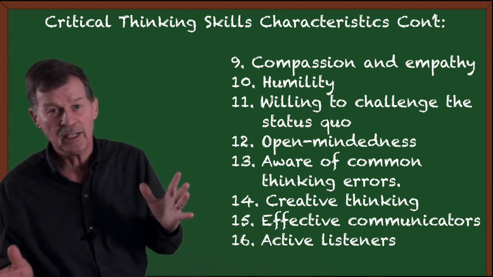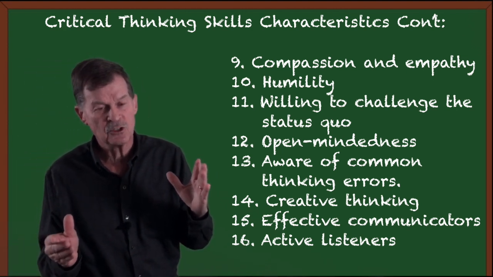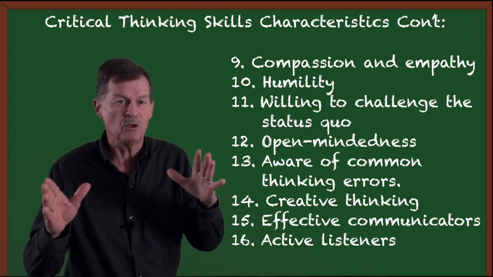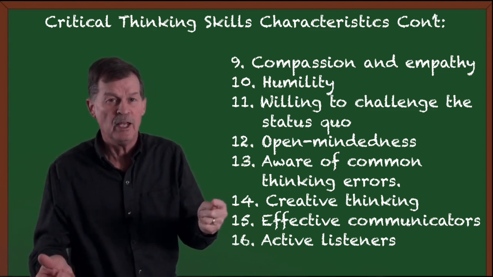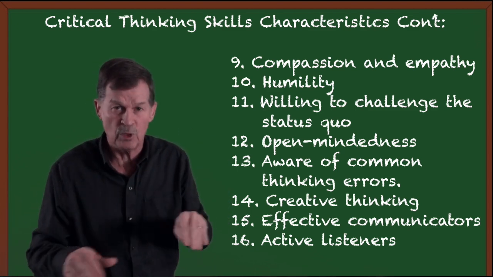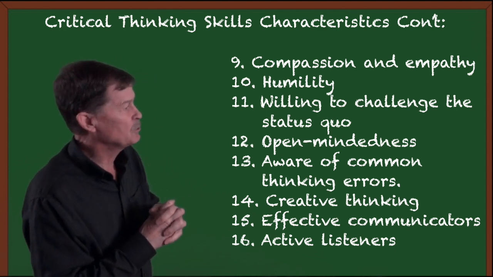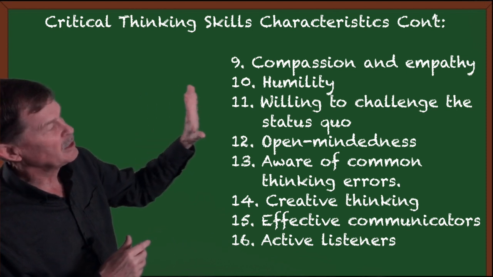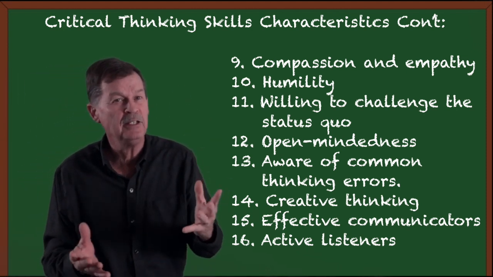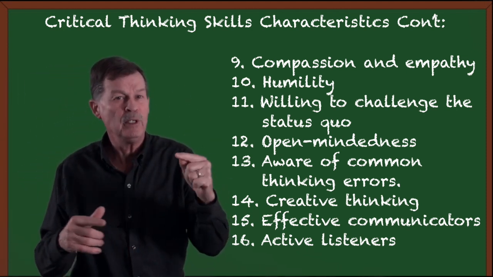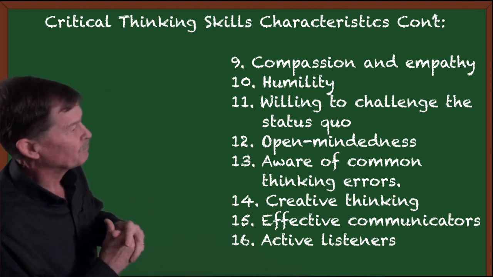Number 12, open-mindedness. In other words, again, you're coming to critical thinking generally with your biases, with your network of thinking and how to think. And so what they're saying is you must come open-mindedly and you must be open to other perspectives.